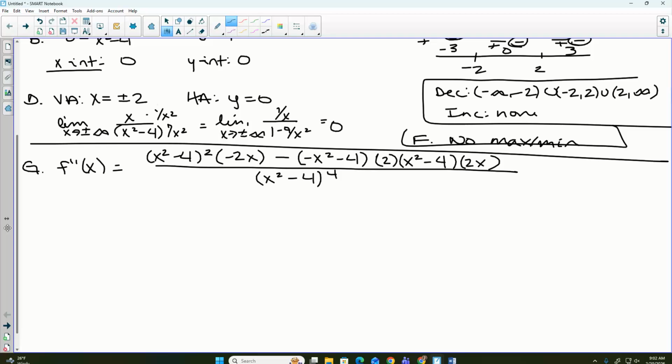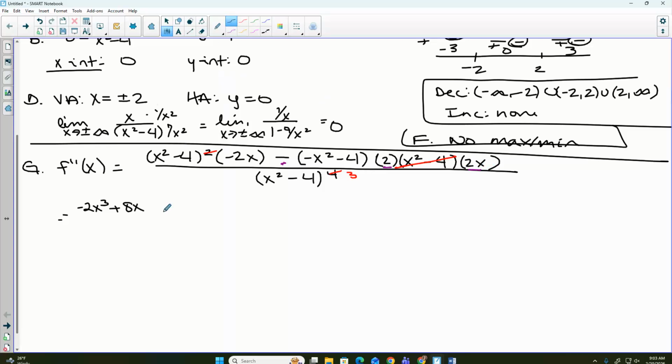So now we want to try to simplify this mess. Look for any obvious simplification we can do. So what I see is this x squared minus 4 shows up a lot, so I can cancel 1 here, and 1 there. So now we get negative 2x cubed plus 8x. Here, I'm going to distribute my negative, my 2, and my 2x, so a negative 4x.